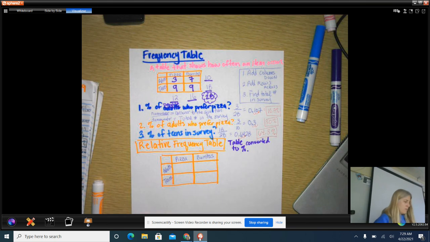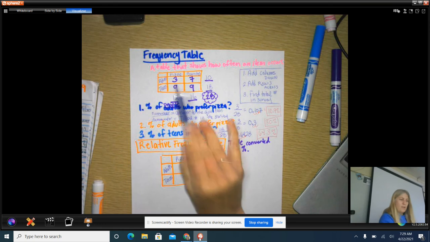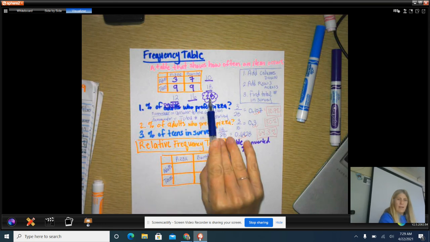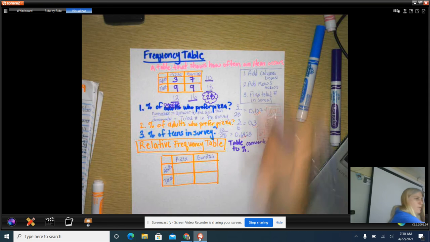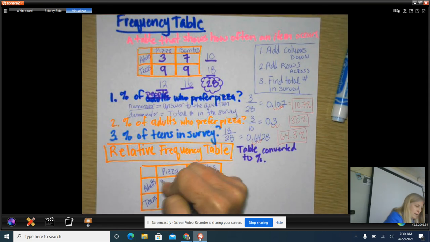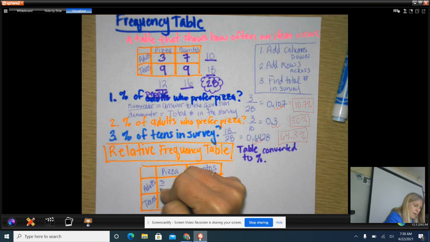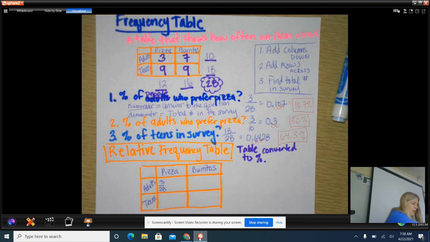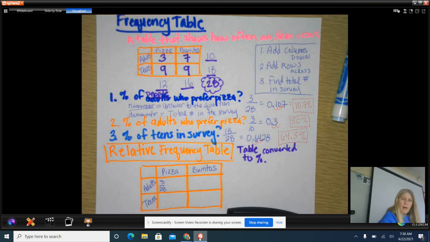Okay, now what we're going to do for each of these is we're going to take each of our original answers and we're going to write it out of the number of total people in the survey. So for our first one here, we had 3 out of 28. Okay, so we already have that math right here.